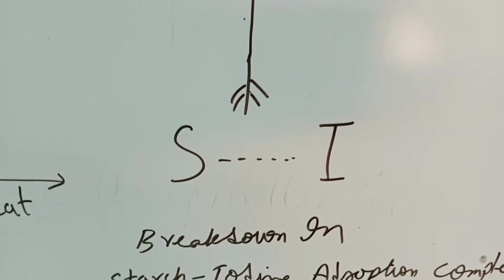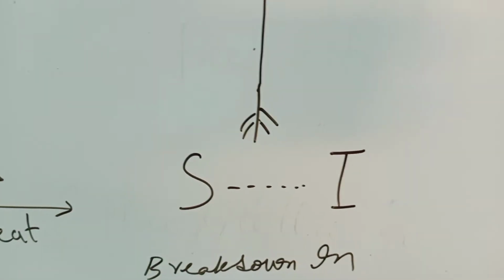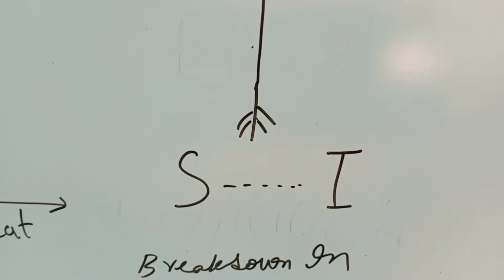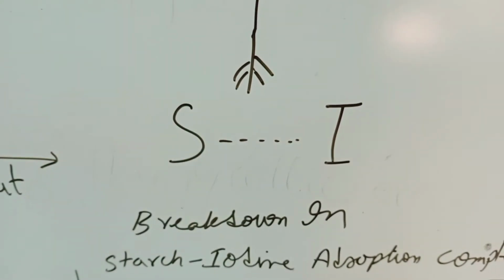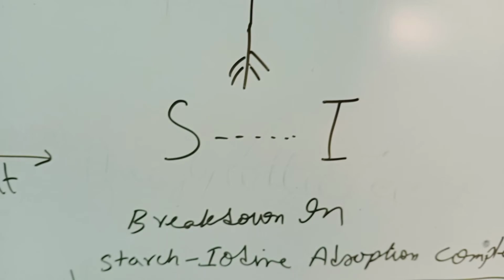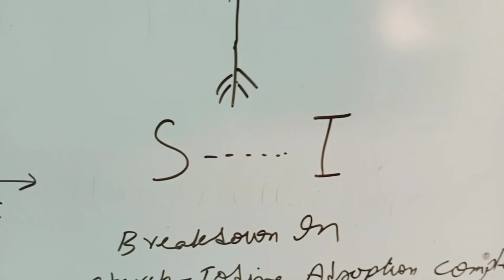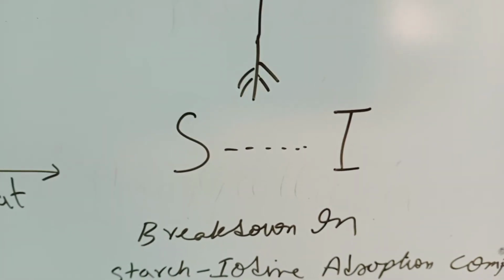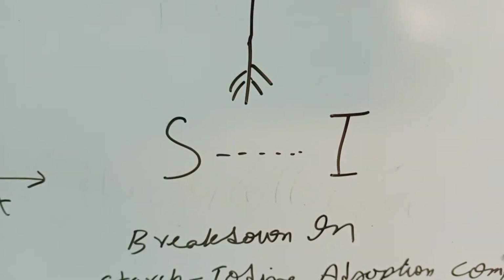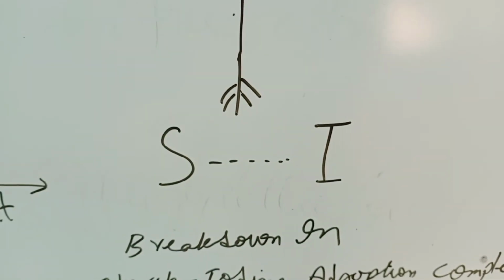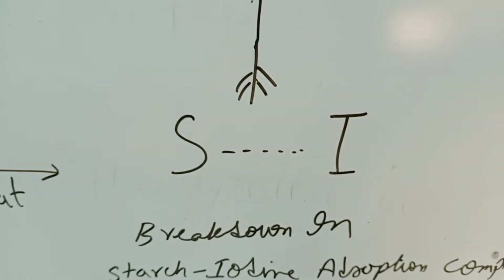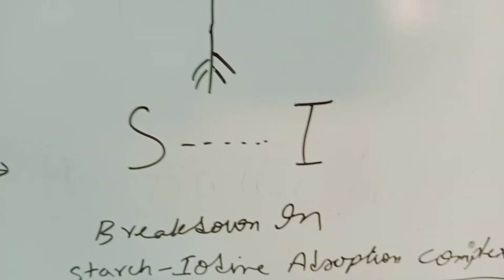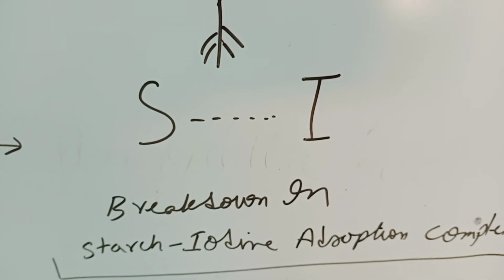Upon heating, this starch and iodine complex gets broken down, and starch and iodine get separated from each other. As you can see here, I have marked a break in the adsorption complex by this dotted line. Once the adsorption complex is broken up, the starch and iodine are free to move on their own, and hence they get separated out, and the complex is broken down.